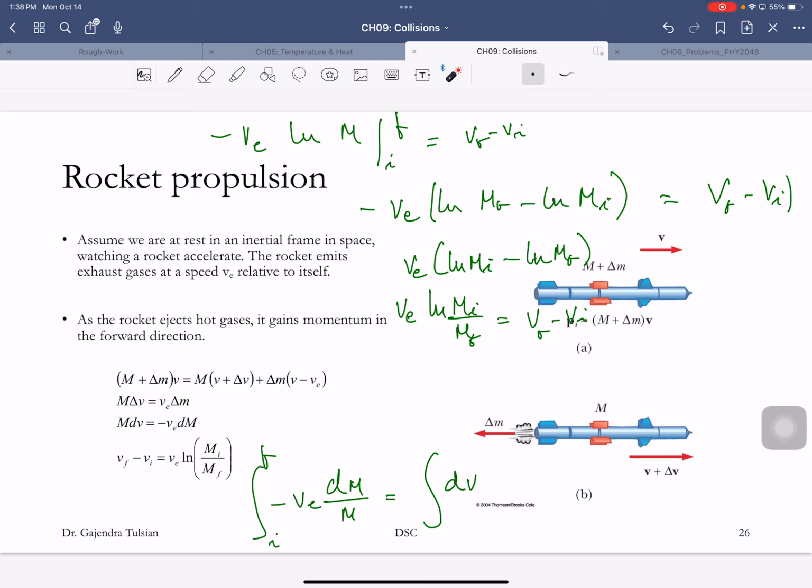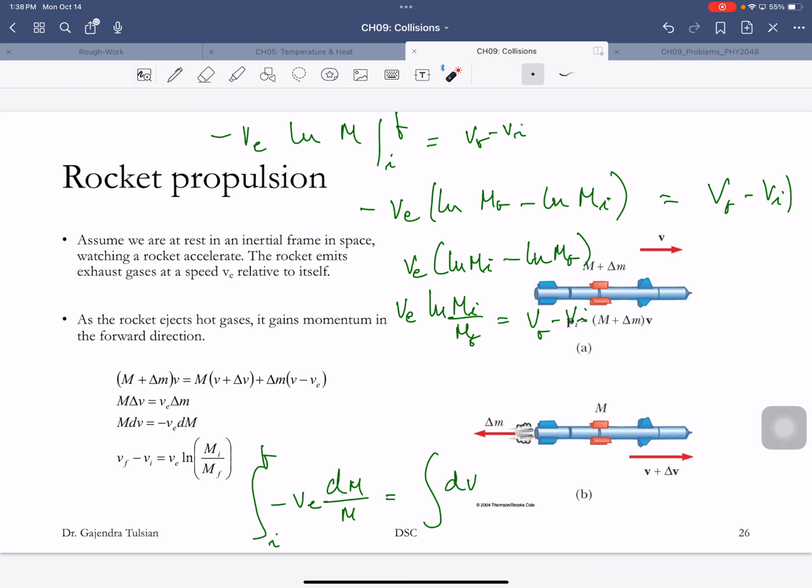What does this tell you? What is the initial mass? The initial mass is rocket plus fuel, and the final mass is just the rocket. So this equation tells you, if you want to go that fast, how much fuel you need to carry. Of course, this is in space.